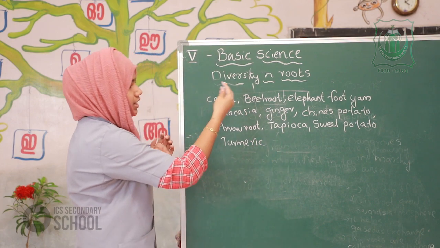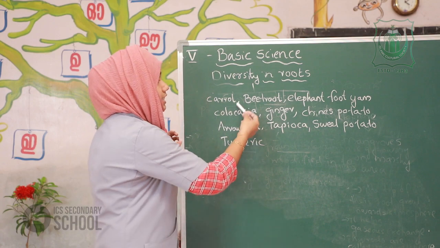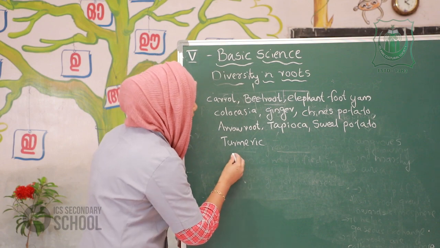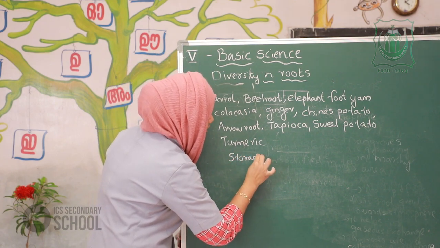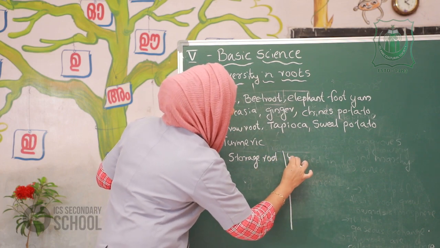So, I give some plants here. That means they are classified under two groups, that is storage root and underground stem.